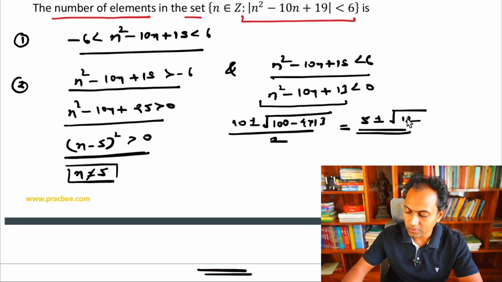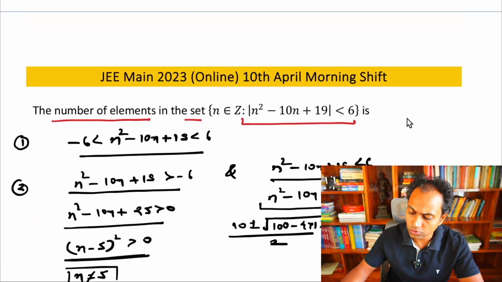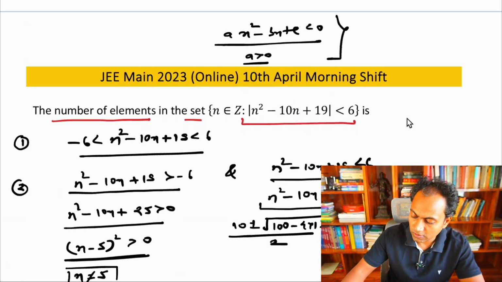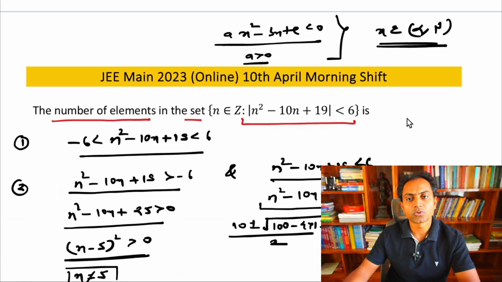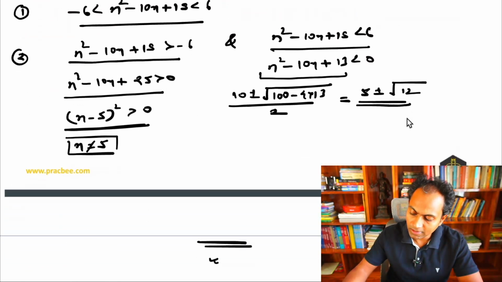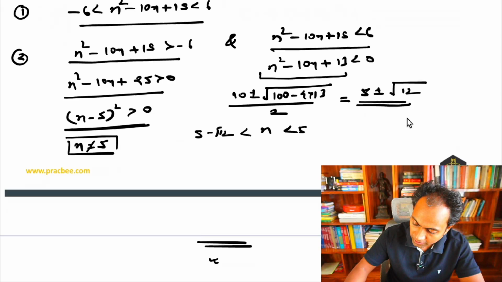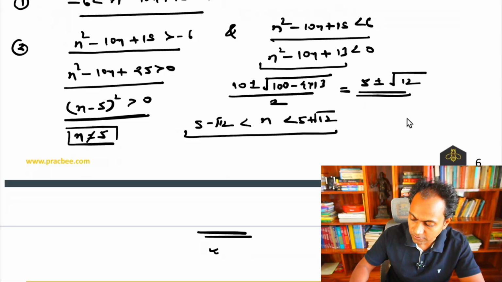Now whenever a quadratic inequality ax square plus bx plus c is smaller than 0, where a is greater than 0, then the answer will lie between both of its roots. So the answer becomes alpha comma beta, the roots, it will lie between that. This is a very important idea. So directly we can write that the value of n will lie between 5 minus root 12 and 5 plus root 12. Now let us take the intersection of both the answers that we have got.